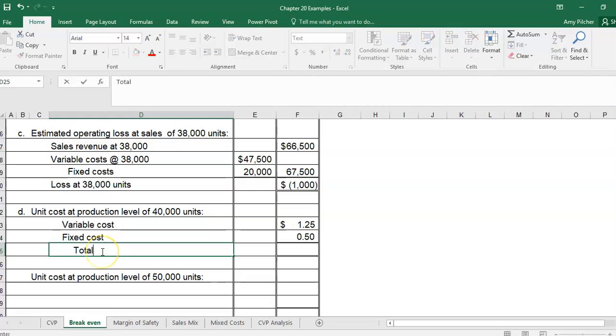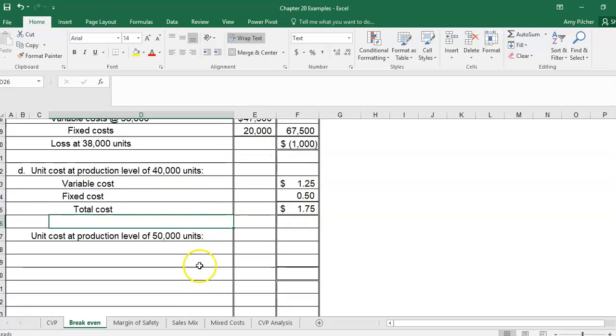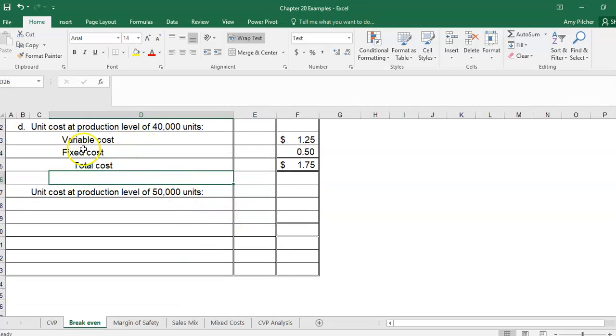So our total cost at production of 40,000 units is $1.75. That's our break-even cost. As we increase production, our variable cost per unit stays the same, but our fixed cost per unit decreases because we have more units to spread our total fixed costs over.